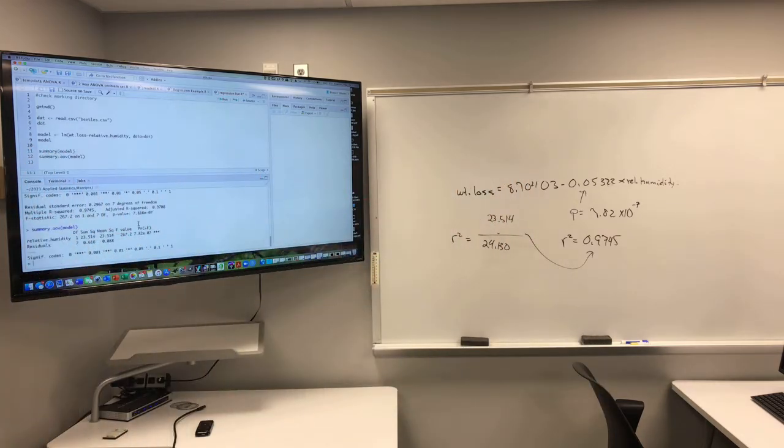What that basically is telling you is that most of the variation in the y variable, in this case most of the variation in weight loss, is due to this model that relates weight loss to relative humidity.